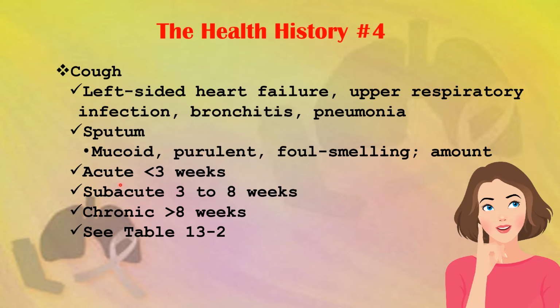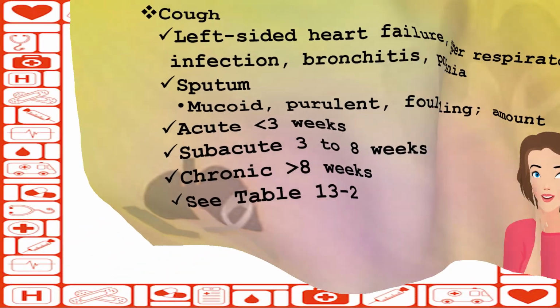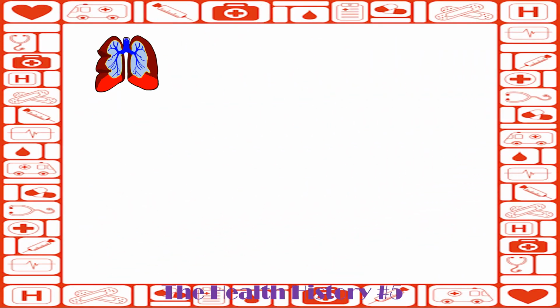Acute cough is usually less than 3 weeks, subacute is 3 to 8 weeks, and chronic is more than 8 weeks. You can also check your book on Table 13-2 of the respiratory system chapter.